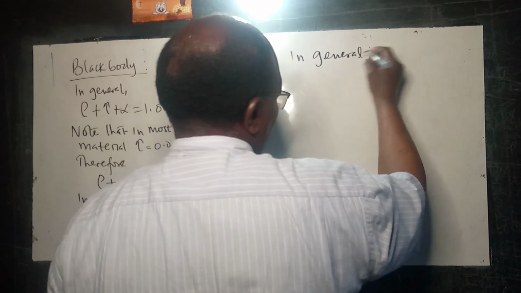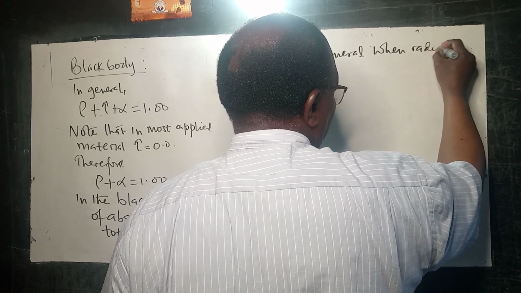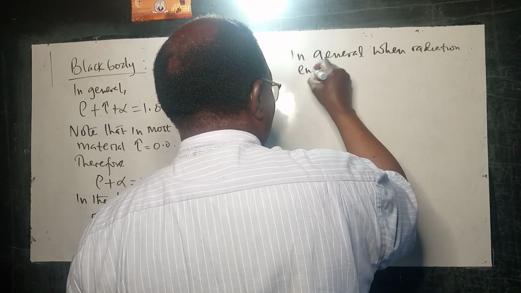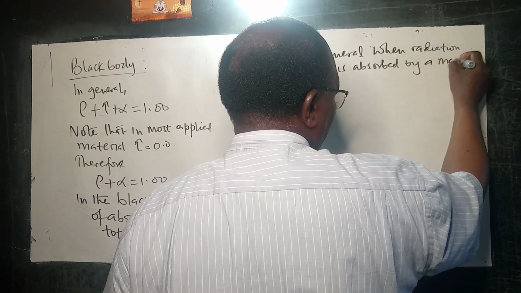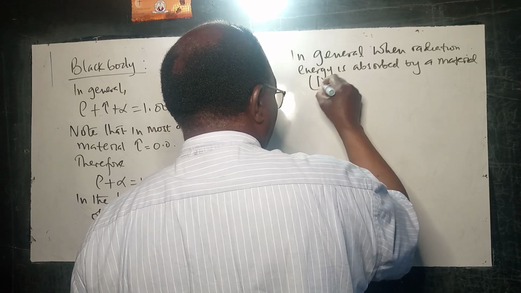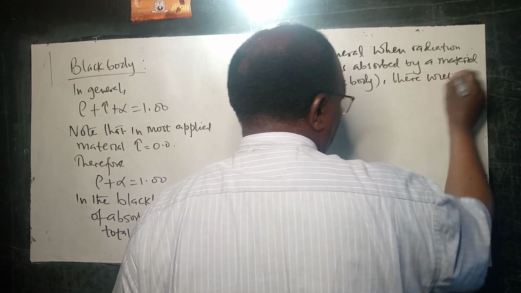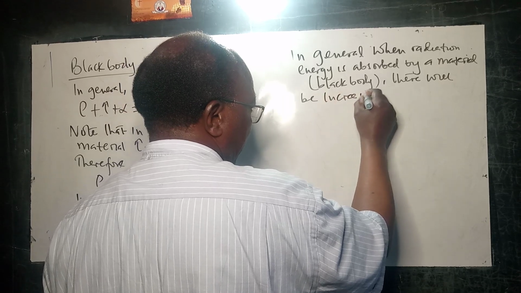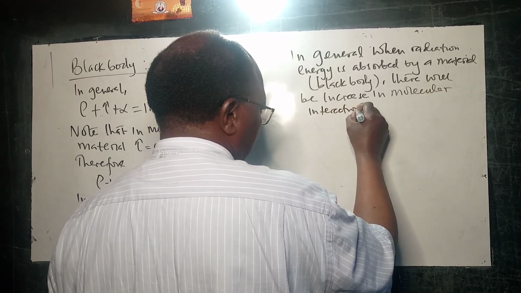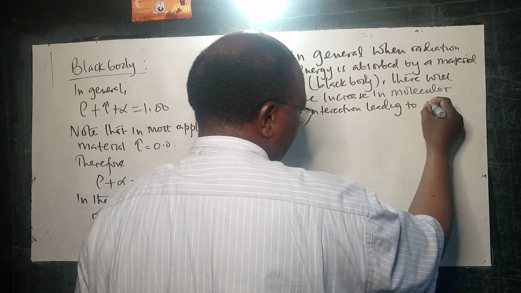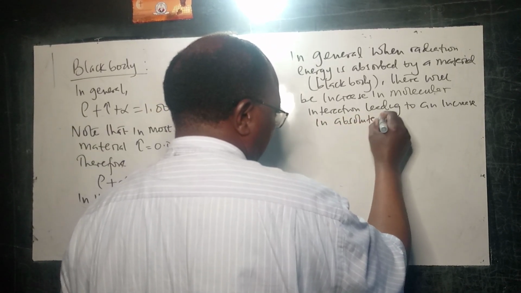In general, when radiation is absorbed by a material that is a black body, there will be an increase in molecular interactions, leading to an increase in absolute temperature.